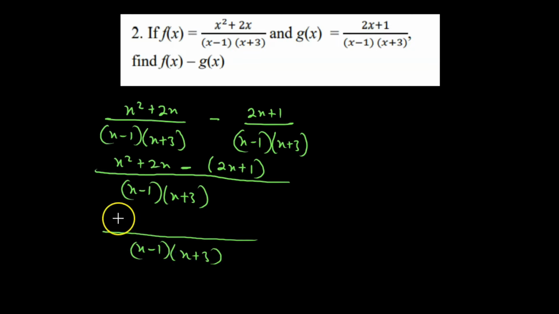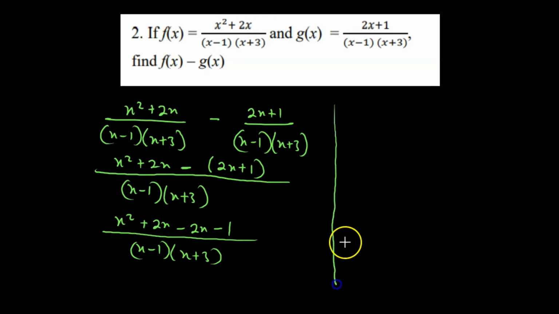That gives us x squared plus 2x minus 2x, then minus 1. Like terms here can be simplified, giving us 0. So we are left with x squared minus 1 at the numerator, all divided by x minus 1 multiplying x plus 3.